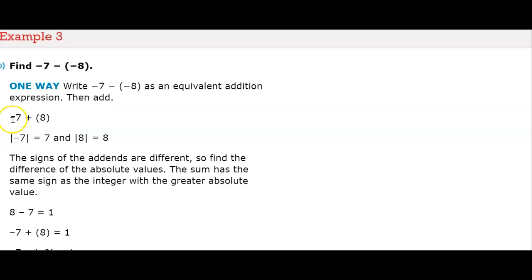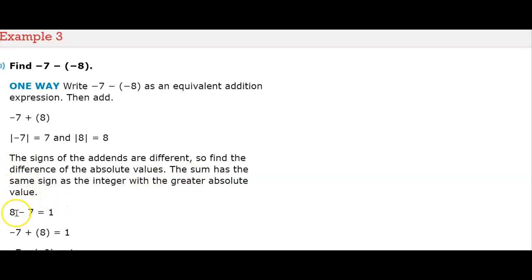And then they took the absolute value of -7 and it became 7. So you have 7 and 8. The signs of the addends are different. So find the difference of the absolute values. The sum has the same sign as the integer with the greater absolute value.